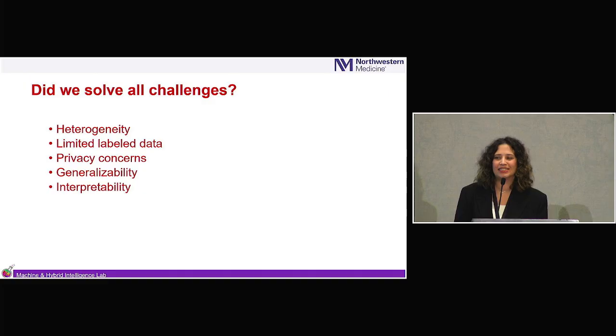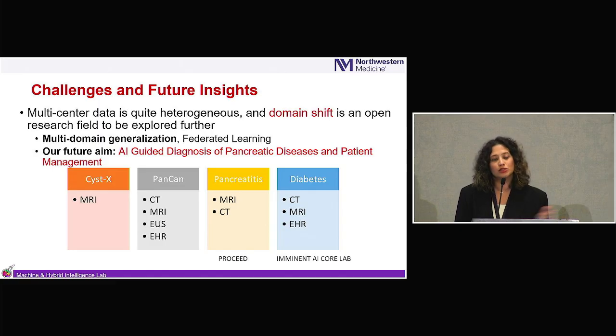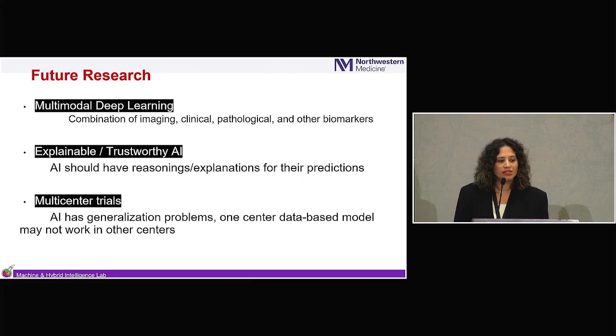We still need more data and heterogeneity, and we should overcome the data sharing issue with federated learning. We should always have generalizability and interpretability of results, and it could be a whole pipeline to see in which direction the pancreatic disease is going. It should always be multimodal deep learning, explainable, and federated learning should be on the table.